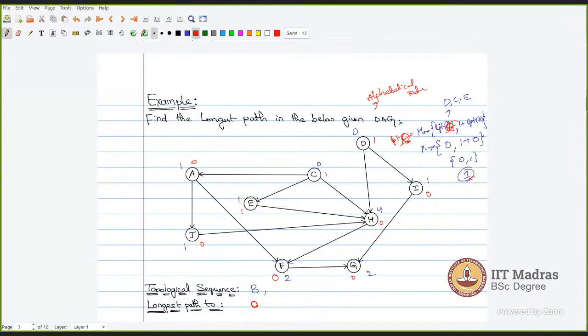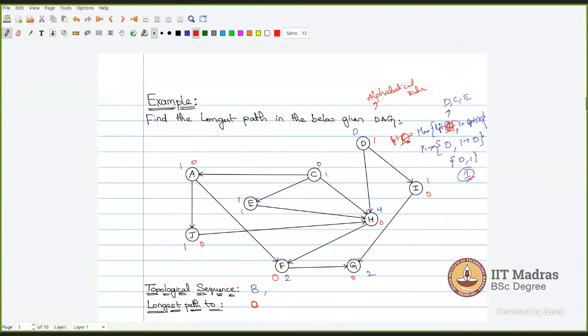Simply to say, this is something you can memorize. If you are removing one vertex which has in-degree 0, then the in-degrees of the adjacent vertices will reduce by 1, and the longest paths will increase by 1 or will not change.